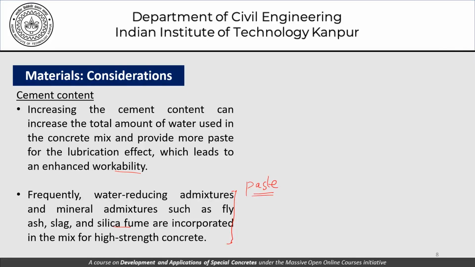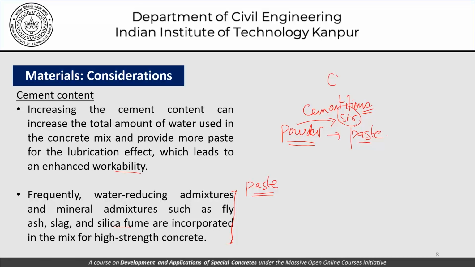So we've talked about this phenomenon at length when we were talking about self-compacting concretes, that as far as the powder is concerned, that is the phase which contributes to the paste as far as the properties of fresh concrete are concerned. But this powder need not play a part as effectively when we are talking about strength. Strength is more dependent upon the cementitious nature, whether a powder is cementitious or not.